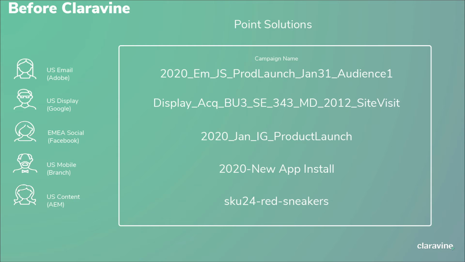When you pull all that together, it's hard to understand what those different components mean, what order they're in, and in some cases they may not have all of the same information across those different teams and point solutions.